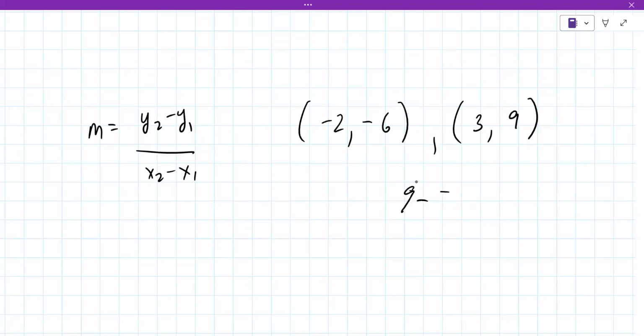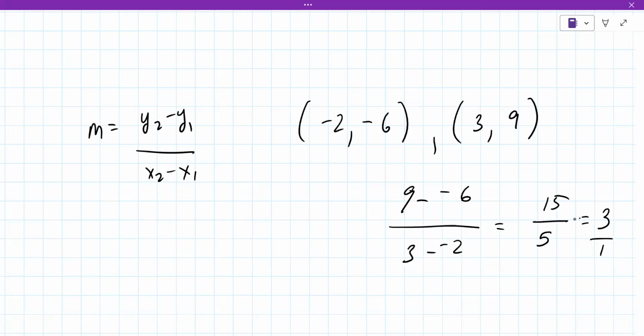So we got 9 minus -6 over 3 minus -2. Oh, 15/5, yes, and that reduces to 3 over 1, or just 3. Good.